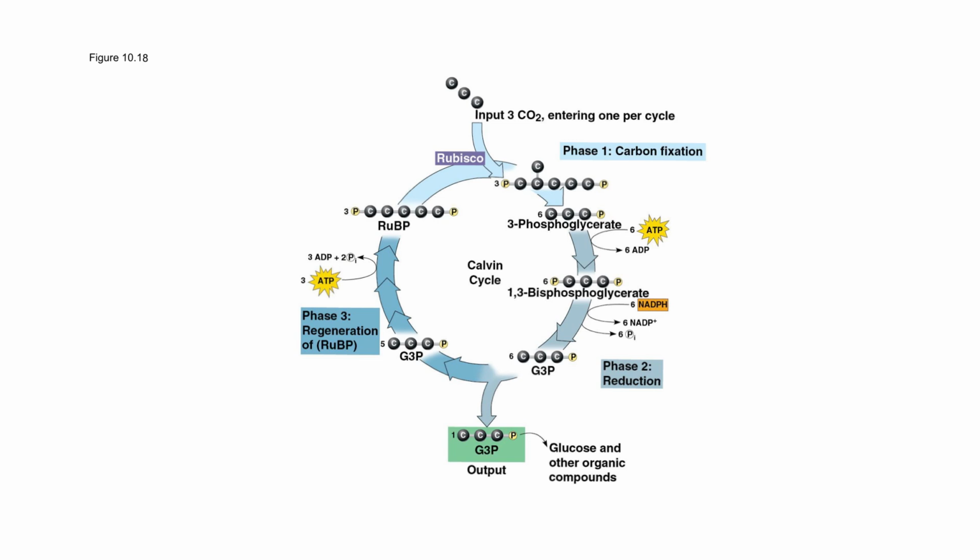So the Calvin cycle includes these processes that are basically going to be putting these things together in order to create glucose to make that food for the plant. And because of this, it is going to require energy. The energy is going to be supplied from 18 ATP molecules and 12 NADPH molecules.